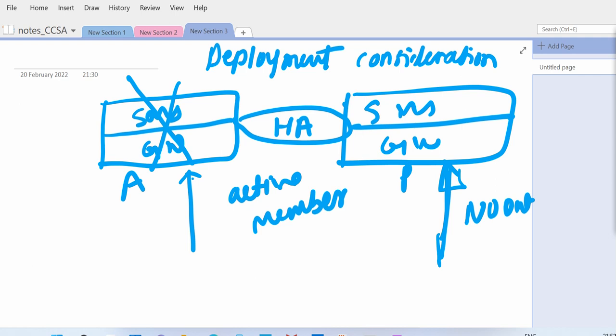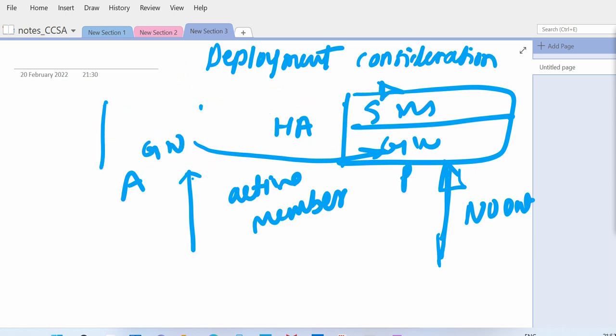And if one of the functionalities goes down on this appliance, say SMS functionality, that will actively fail over to this one. Likewise, if the gateway's functionality goes down, it will fail over to the other appliance. So we get no outage and everything goes well.